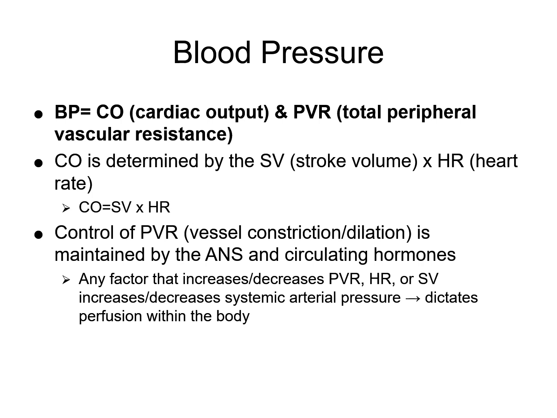Control of your peripheral vascular resistance, which is the vessel constriction and dilation of your blood vessels all over your body, is maintained by the autonomic nervous system and hormones. Any factor that increases or decreases your peripheral vascular resistance, the heart rate, or the stroke volume will increase or decrease your systemic arterial pressure, which of course is your blood pressure. This dictates the perfusion within the body. So that is what blood pressure is.